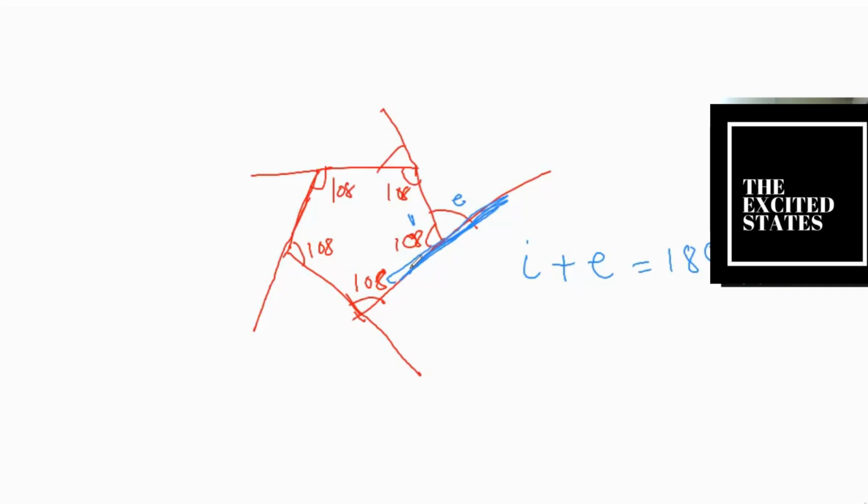Exterior angle. Just 180 minus 108. So what is it? Your voice is glitching.